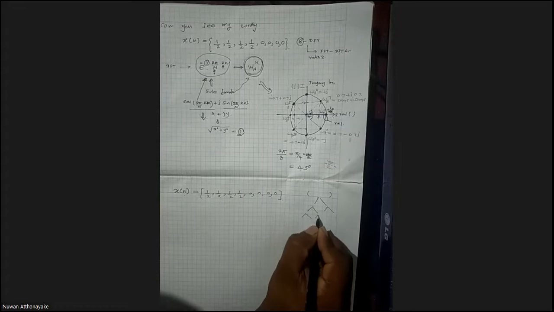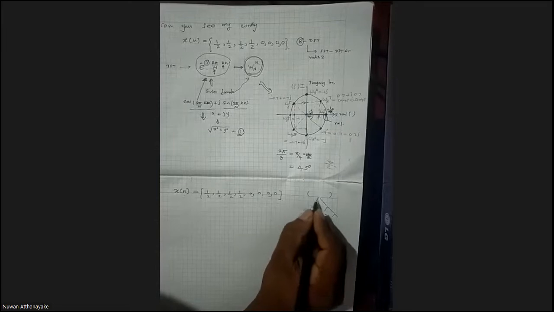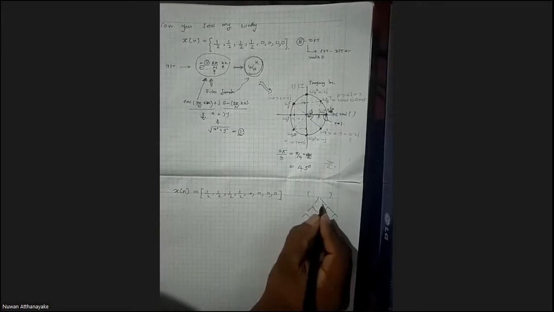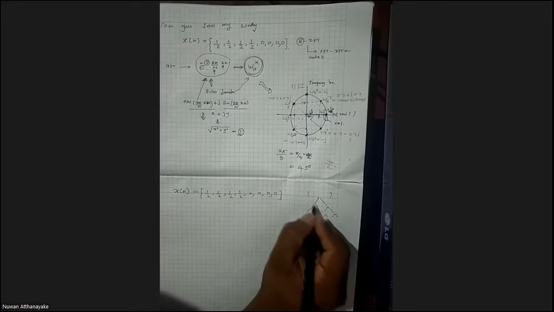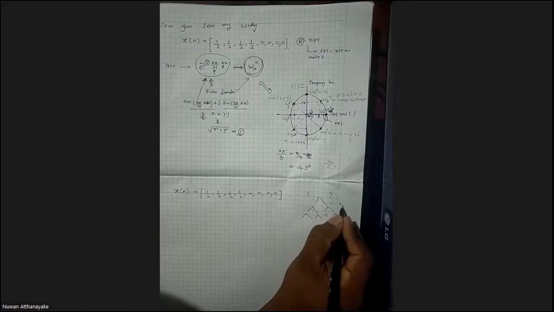We have several points, and we divide them into 2 groups. If you are always grouping by 2, here 2, again 2, again 2, this is called radix 2.